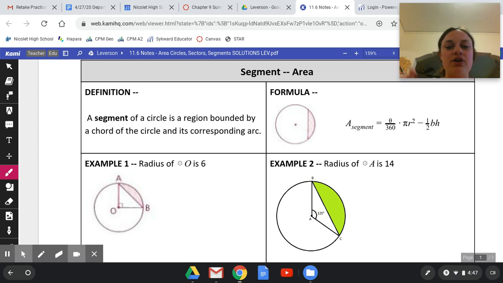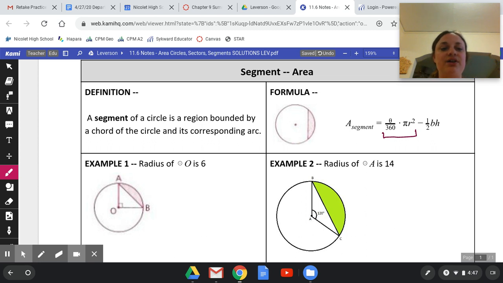All right, so we're going to go through two examples here. To determine the actual area of this portion of the circle, you calculate the area of the sector, which is theta over 360 times pi r squared.